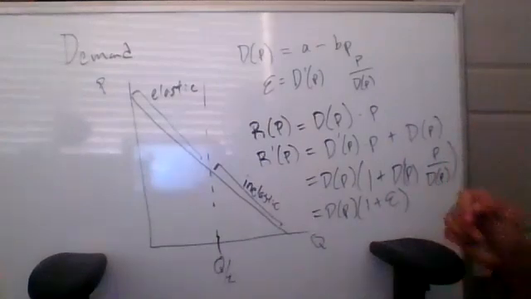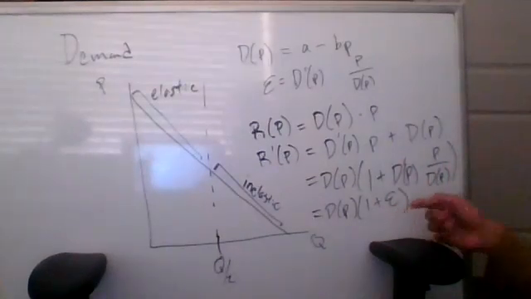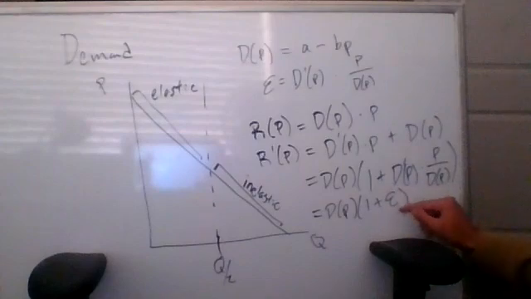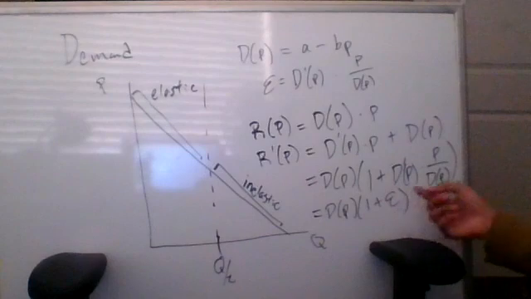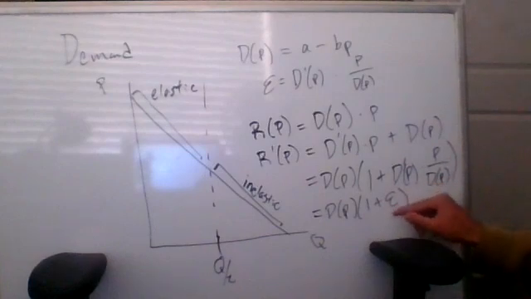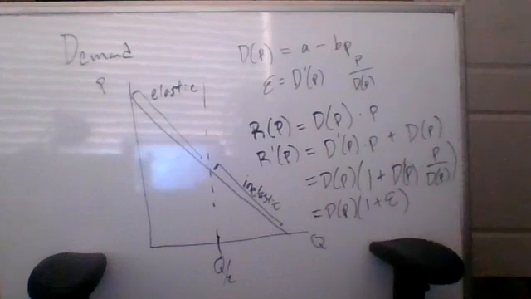We're not looking at absolute value anymore, we're just looking at it in terms of what it actually is. And if something is elastic, then this is going to be something that is less than -1, okay?